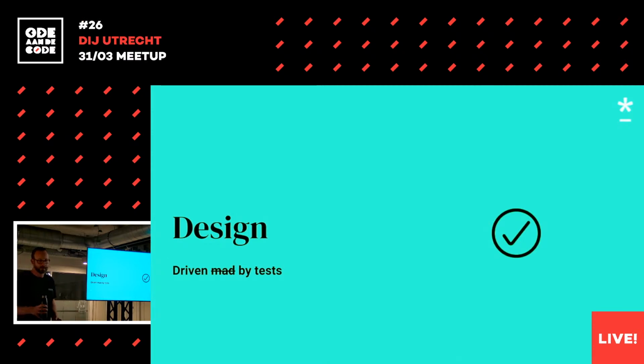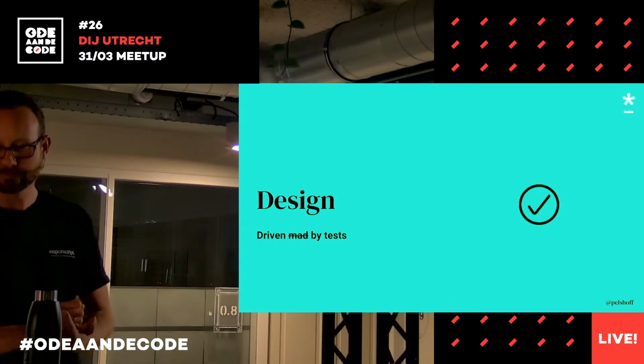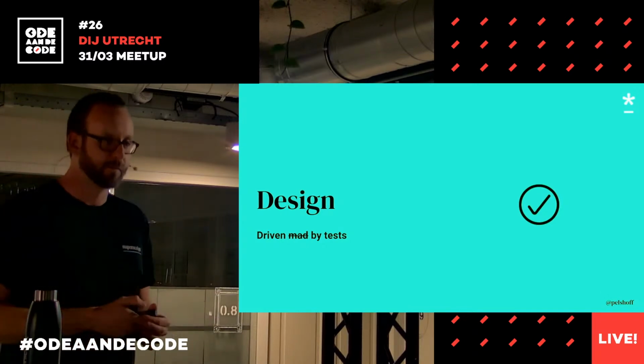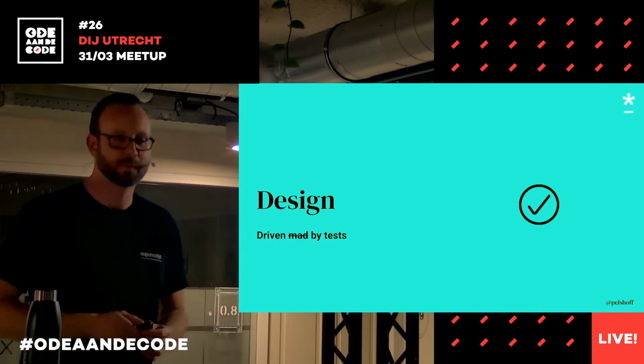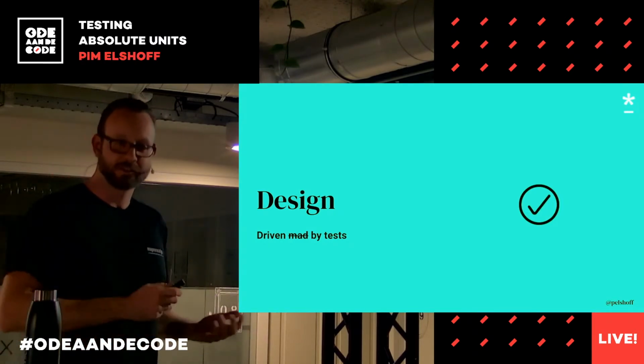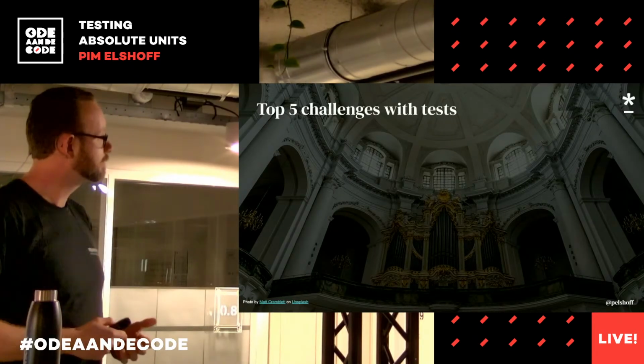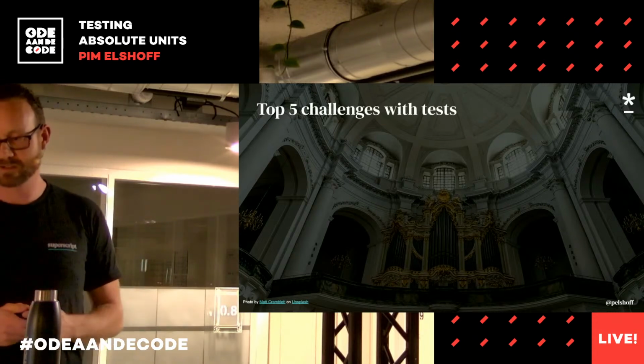So, has anybody ever been driven mad by tests? TDD is really hard. Unit testing is really hard. It can cause a lot of frustration. I asked a lot of people around. I did scientific research beforehand, and I found the five most frustrating things when it comes to tests.